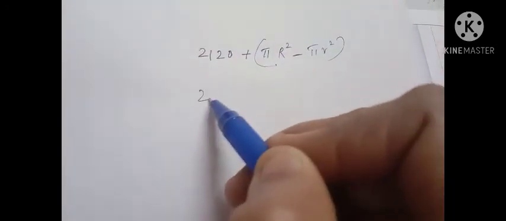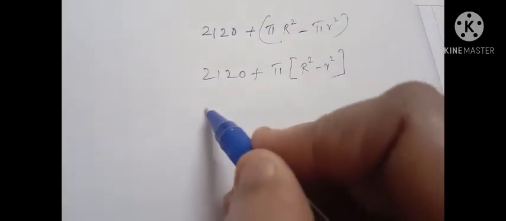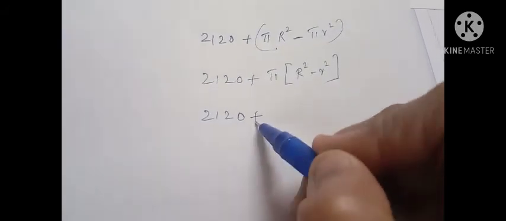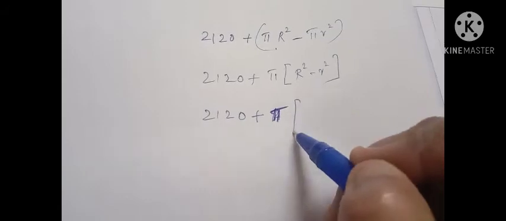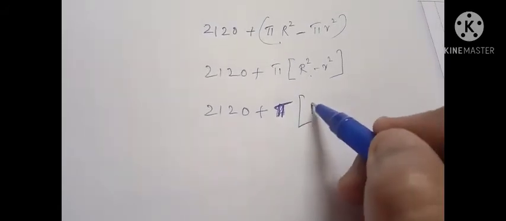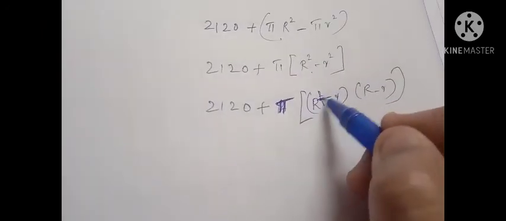Then we can take the common factor pi outside, so we get R square minus r square. Then 2120 plus pi into this, which we can write as R plus r into R minus r. We can use the identity a square minus b square equals a plus b into a minus b.